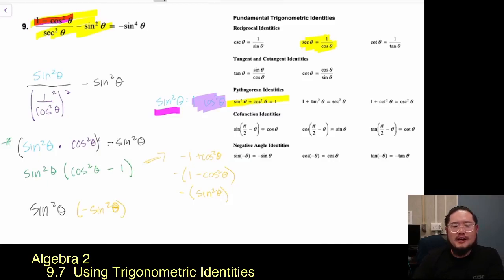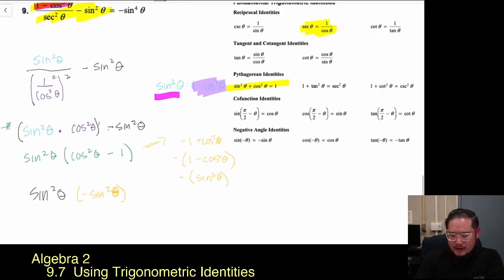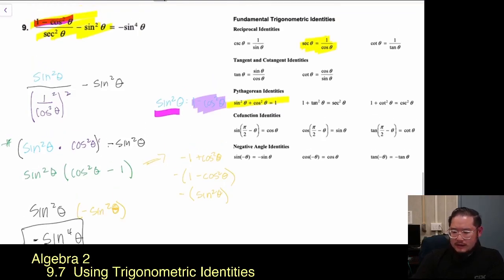For our final step, we multiply the two together, and sine squared times sine squared gets us sine to the 4th power theta, and we have a negative out in front, and look, they look the same now.